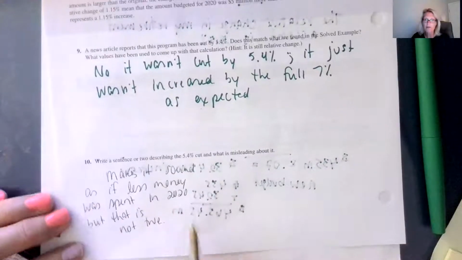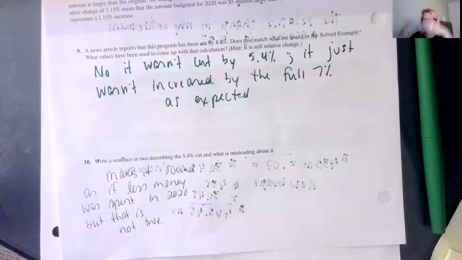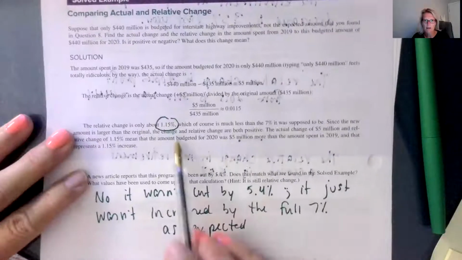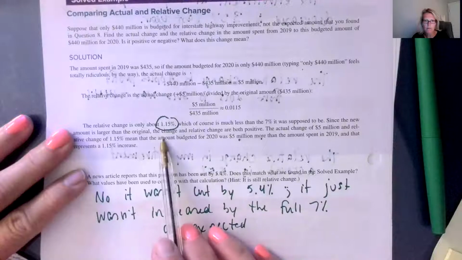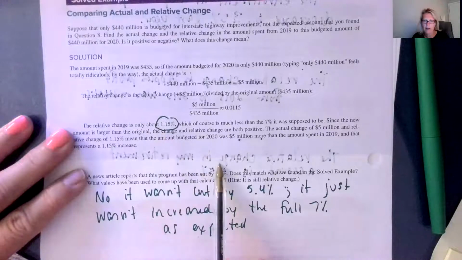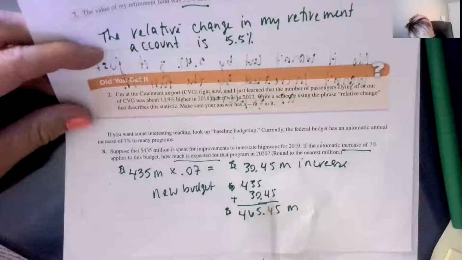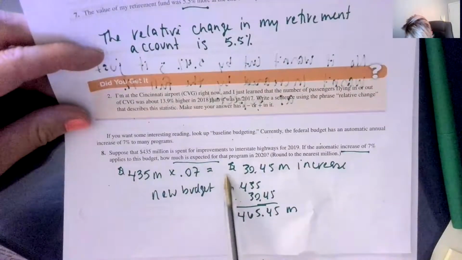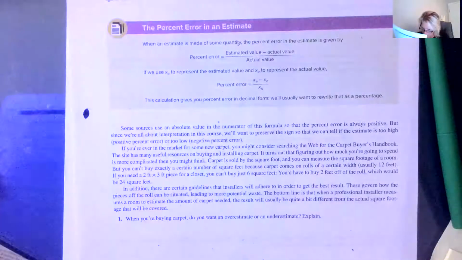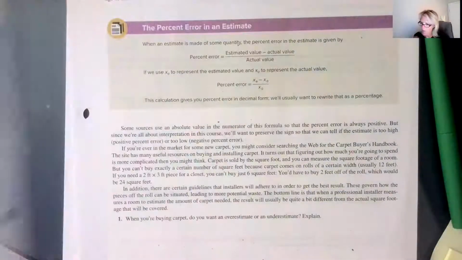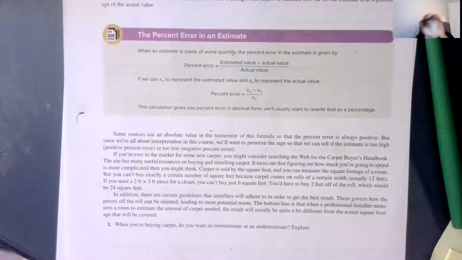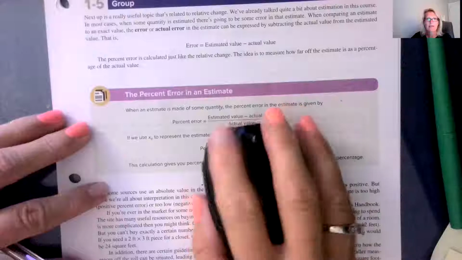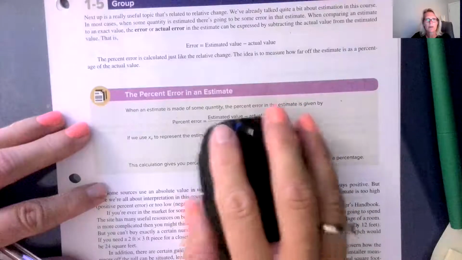They still spent more money than 2019. It just wasn't a full 7% increase, but they're saying, oh, we had a 5.4% cut. So that is not true. And that's the end to part 1 of lesson 1.5.